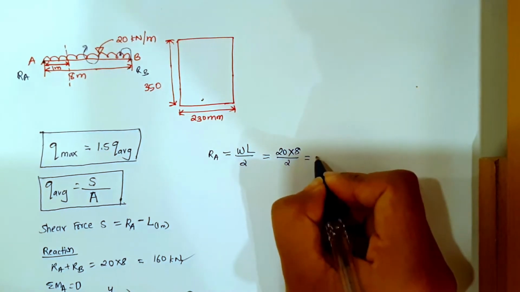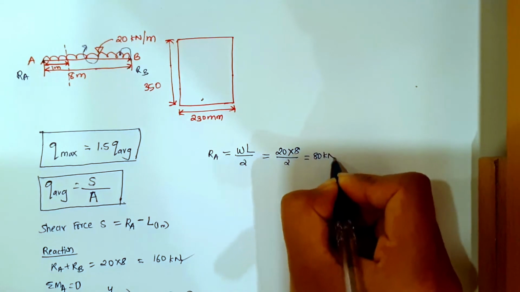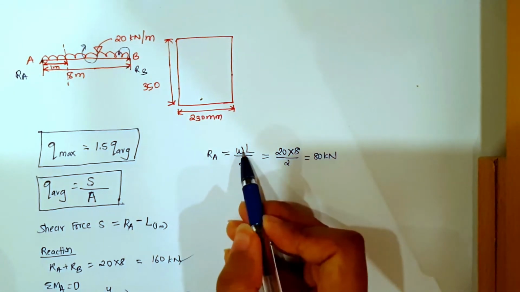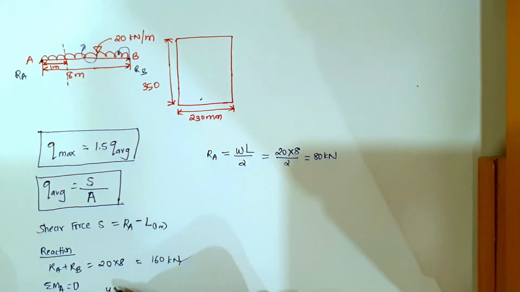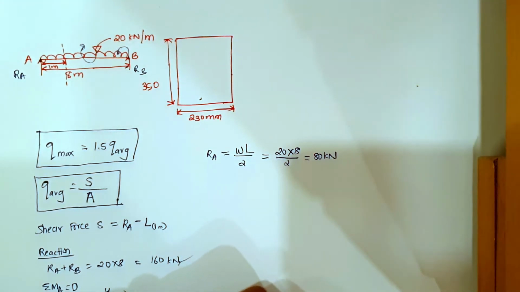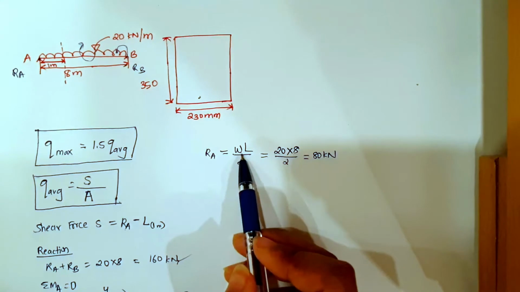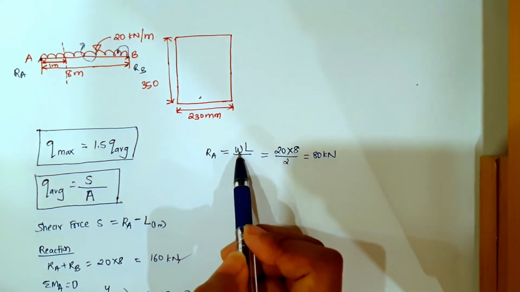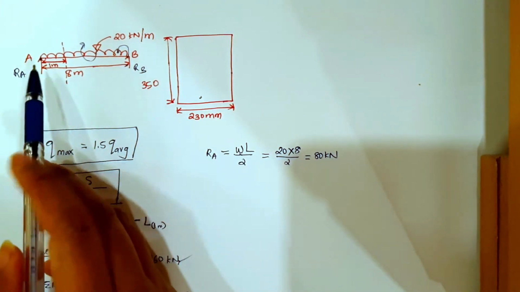If you solve this, you get exactly 80 kilonewton. So you can either solve the long way, if you don't remember this formula, like we found reactions in unit number 4. Otherwise, if you remember this formula for a simply supported beam, note that it is not applicable to all the other conditions of a simply supported beam.